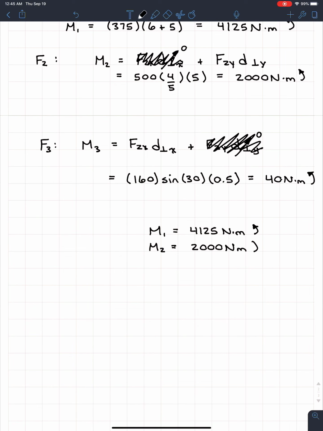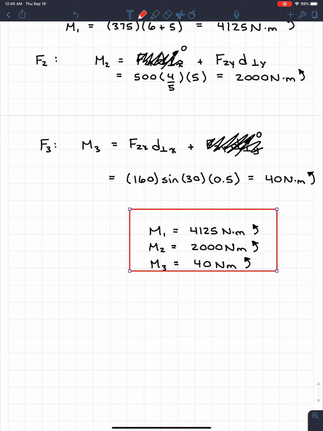That's also going clockwise. And finally, we know that M3 is equal to 40 Newton meters, and then that's also going clockwise. So I'm just going to highlight the final answer, and then we're just going to discuss some things that we see real quick and try and relate them to real life.